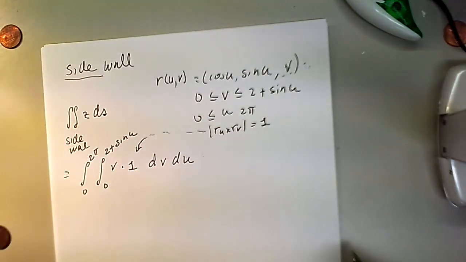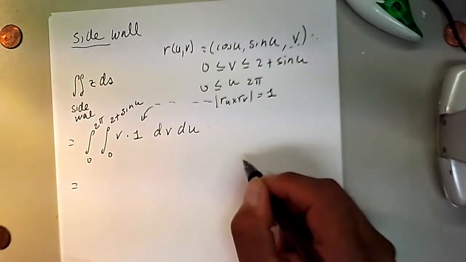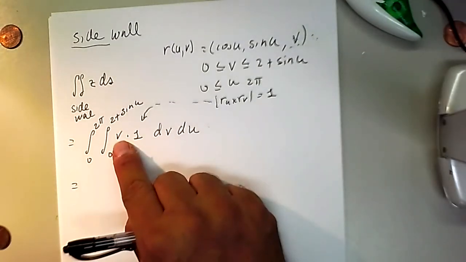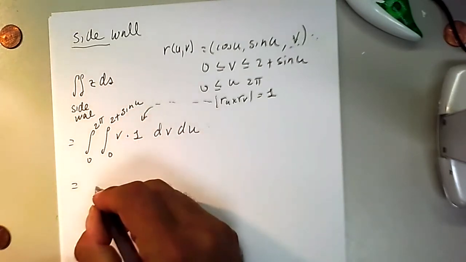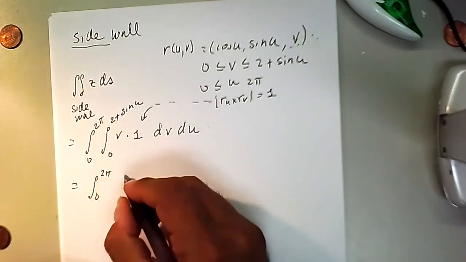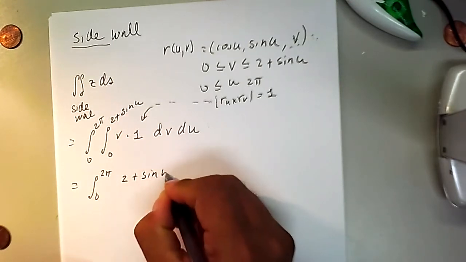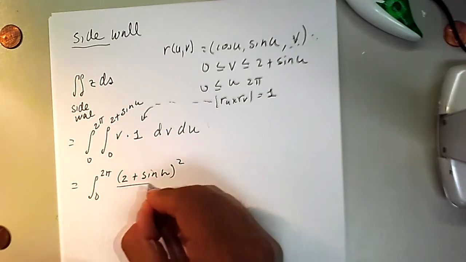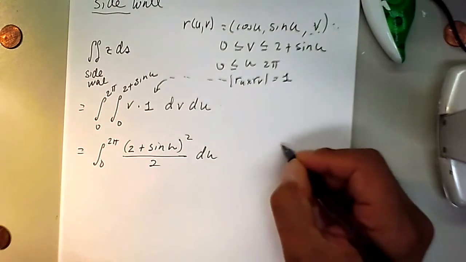There's a lot of information here. This is not trivial by any means. So we're going to have V squared over 2, but we're going to plug in 2 plus sine of U. So from 0 to 2 pi, 2 plus sine U, quantity squared over 2, du.